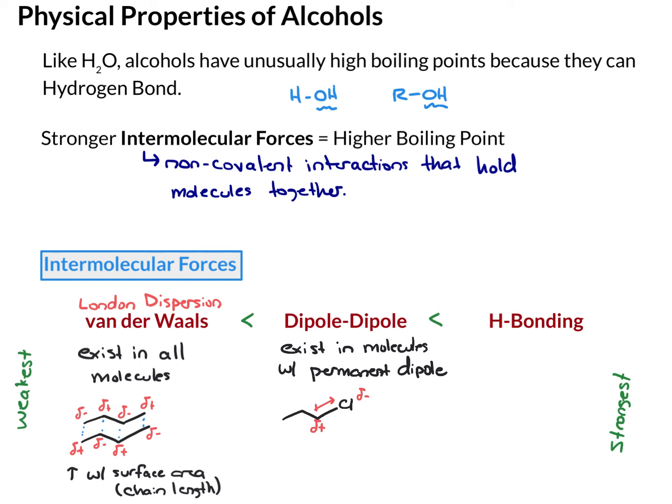So what this can do is align with the dipoles in another molecule. So now if I draw another chloropropane, you can see how the opposite charges here can attract and give us a network of dipole-dipole interactions which help hold those molecules together.